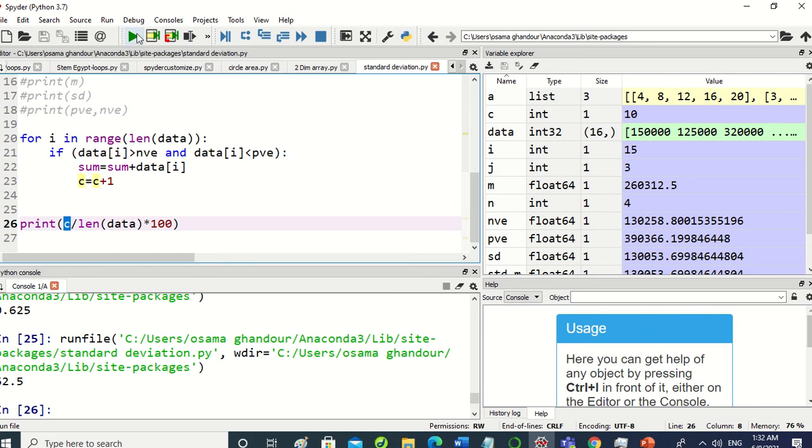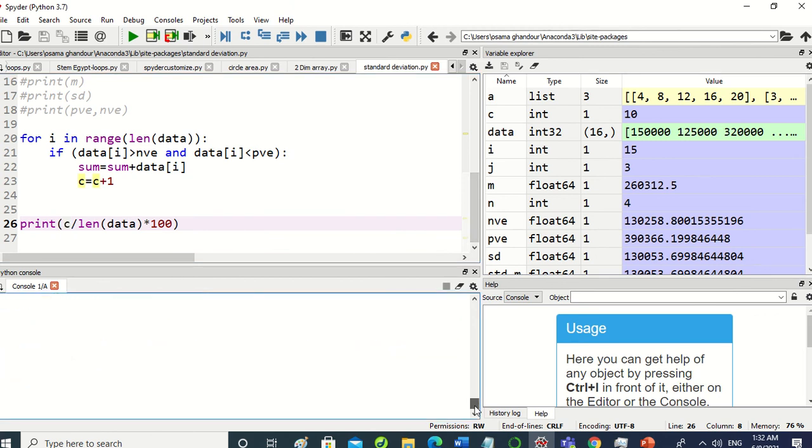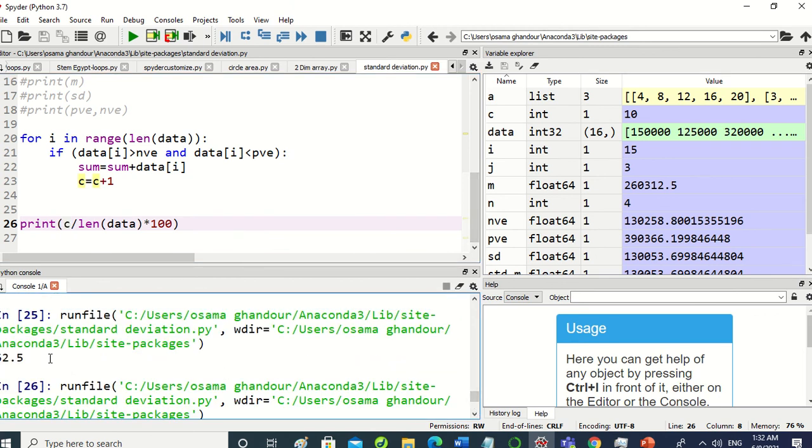So if I calculate now what the percentage will be, check here in the output, the percentage here is 62.5. That means 62.5 percent of the houses are in the narrowest range, which is the highest prices.